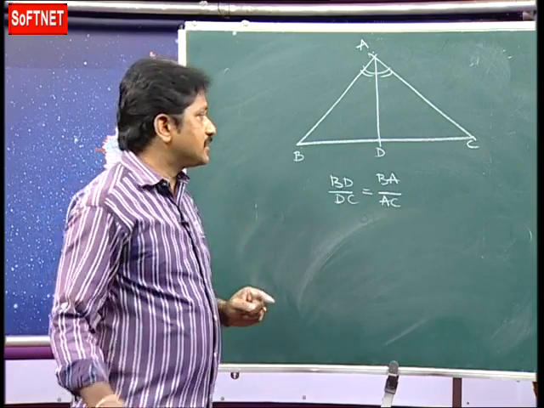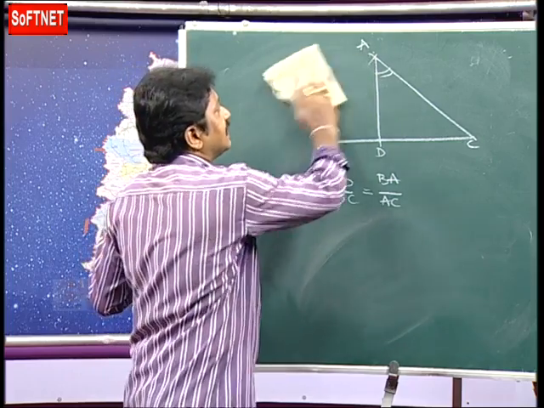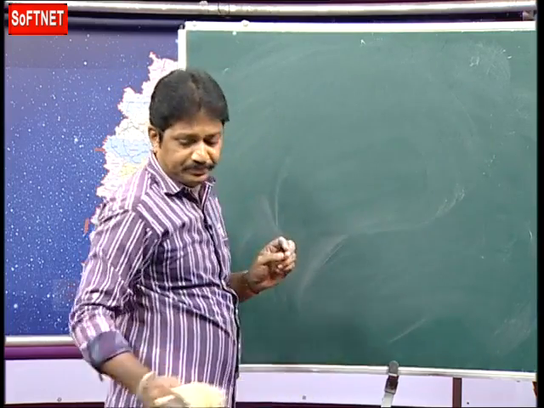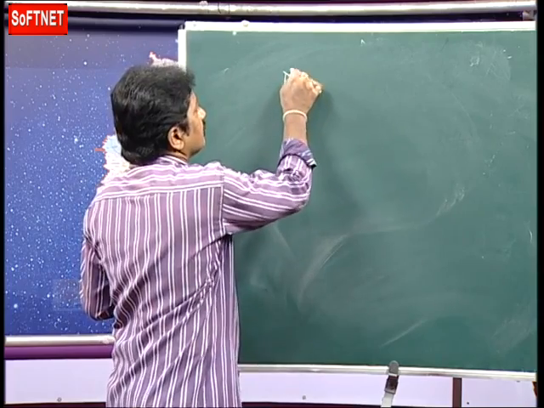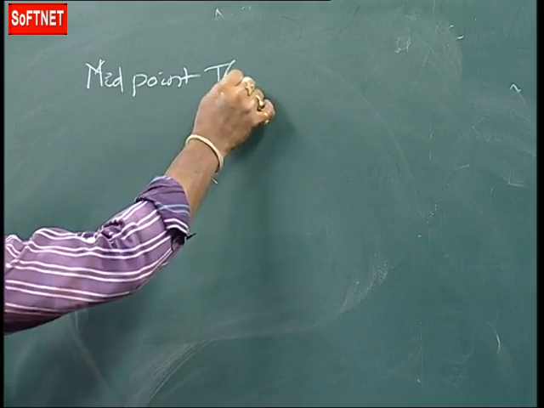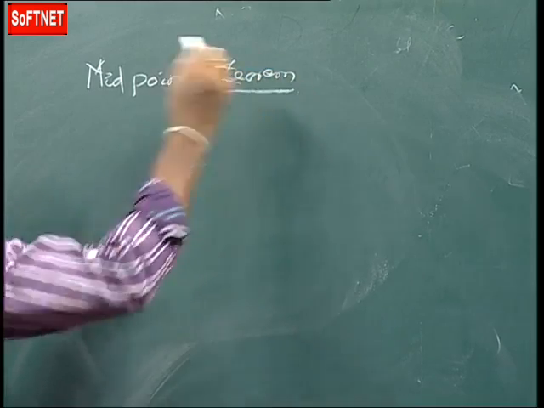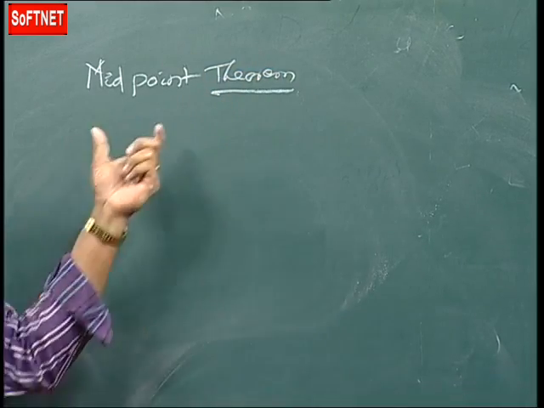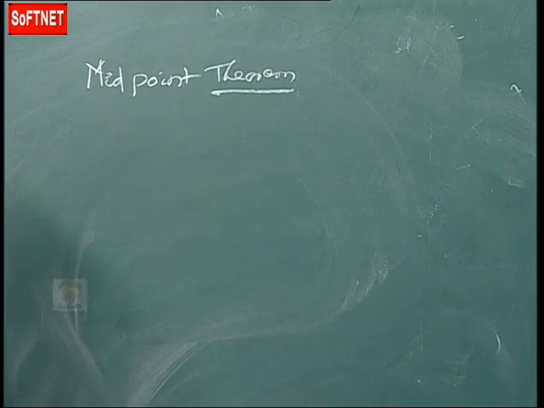Now coming to the most important theorem, we call it the midpoint theorem. Midpoint theorem. This is the most important. It's an application of the basic proportionality theorem. You know it.